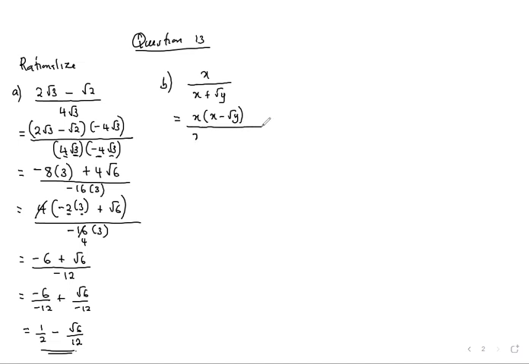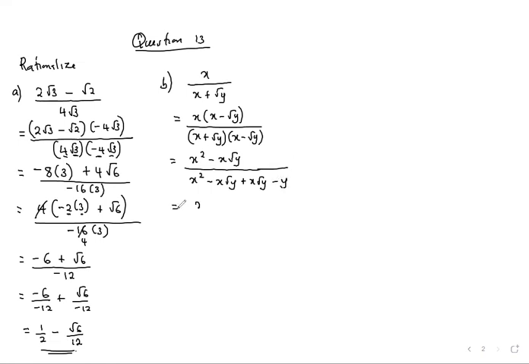You come here and have x plus root y multiplied by x minus root y. So you get x times x, you get x squared minus x root y over x times x, x squared minus x root y, then it will be plus x root y, and then minus y.